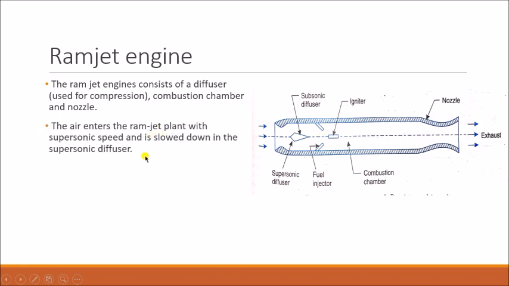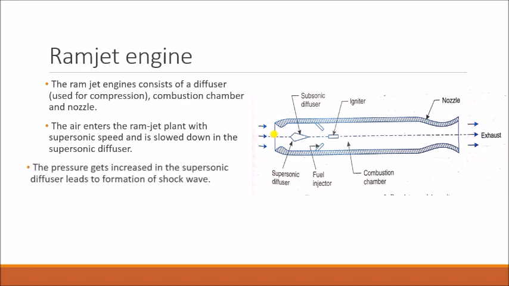The air enters the ramjet plant at supersonic speed. You can see here from the left side, the air enters the ramjet with supersonic speed and is slowed down in the supersonic diffuser. Diffusers are used to slow it down.